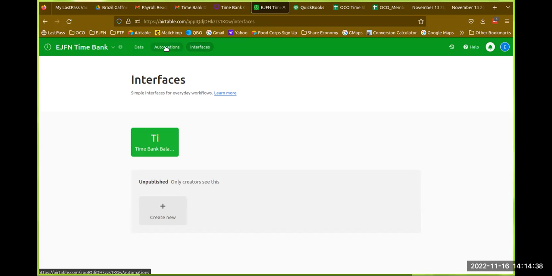So it's not open to the general public. It's just open to members of the network or of the time bank, right? And then we can restrict their access to the underlying data from the interface.